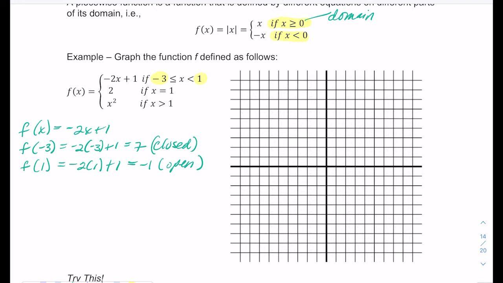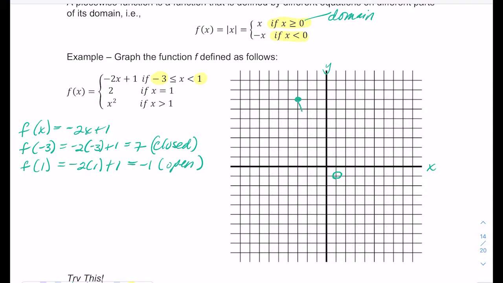So when I plugged in negative 3, I got 7. So I'm going to go to my graph and I'm going to plot negative 3, 7. And I'm going to use a closed circle, again, because x is greater than or equal to negative 3. But now when I plug in 1, I get negative 1. So I'm going to plot 1, negative 1, but I'm going to put an open circle this time at 1, negative 1, because x is less than 1.